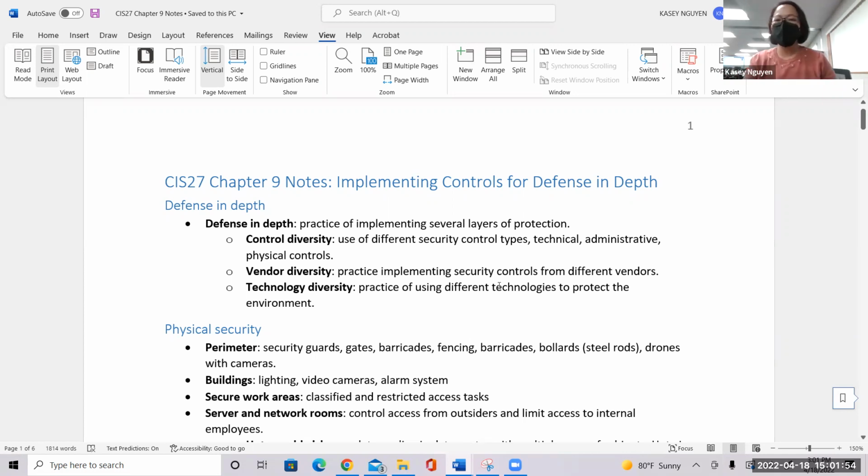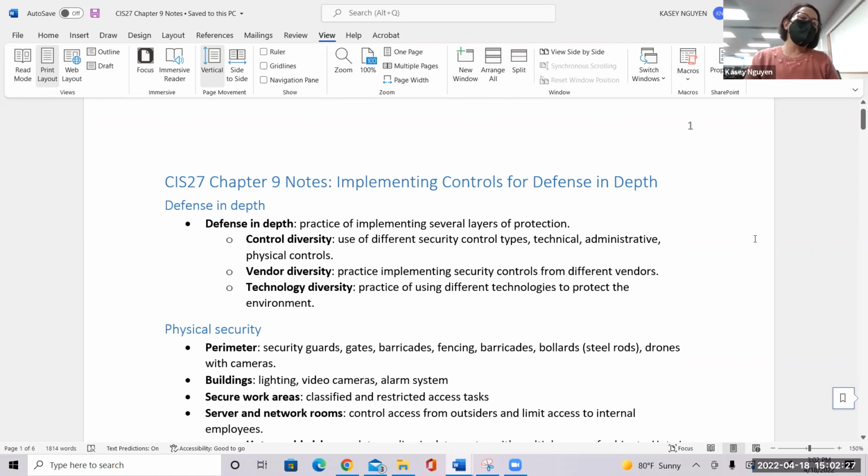A well-rounded solution would consist of the areas in your environment, your hardware, your buildings, your people, and your system setup. So the first question really addressed what defense in depth would be, and it is a practice in that we would layer our protection in controlling our resources based on what we have on hand, right?